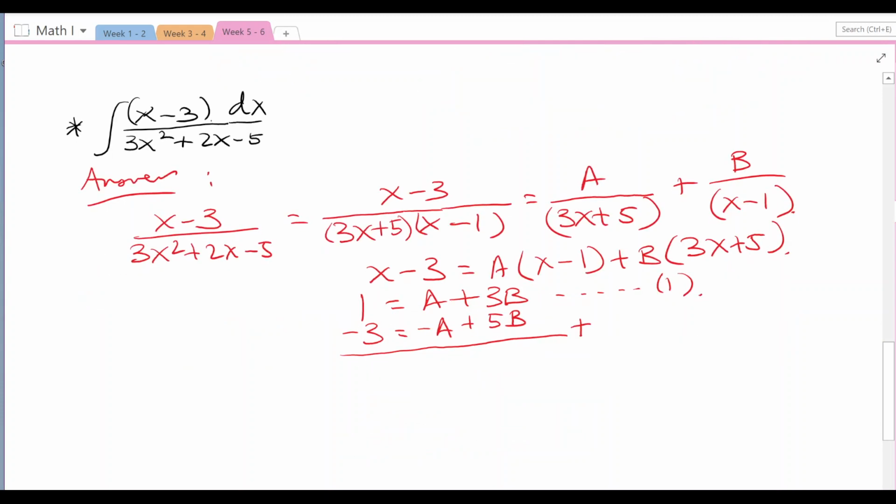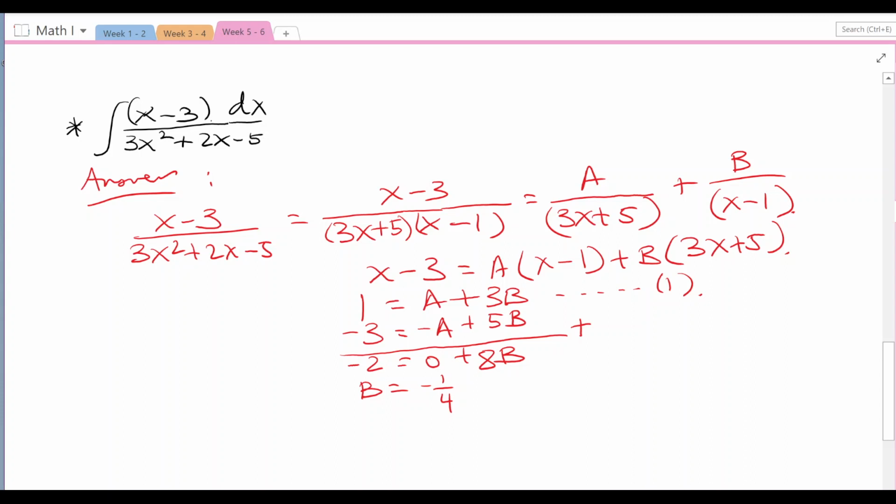So this becomes 0 after we add. So this one becomes 8b, and this one becomes 1 minus 3 becomes minus 2. Therefore our b here equals negative 1/4, or 2/8 equals negative 1/4.